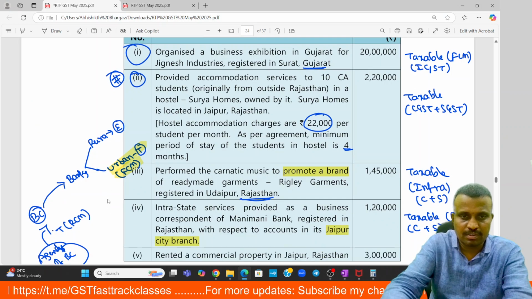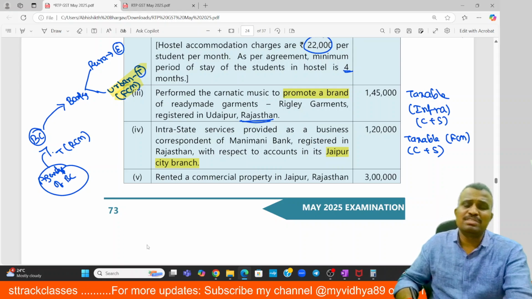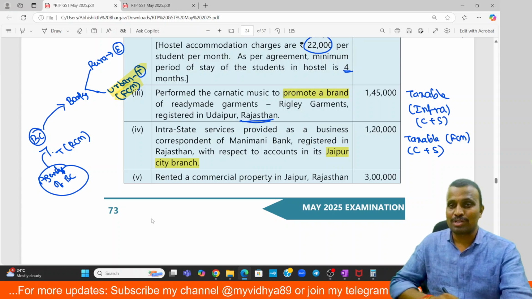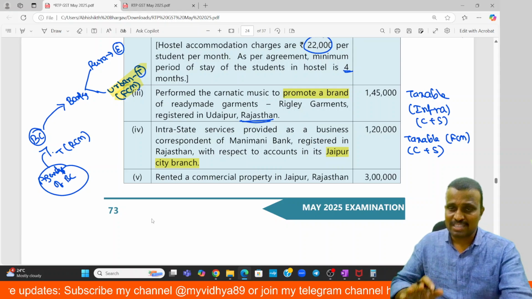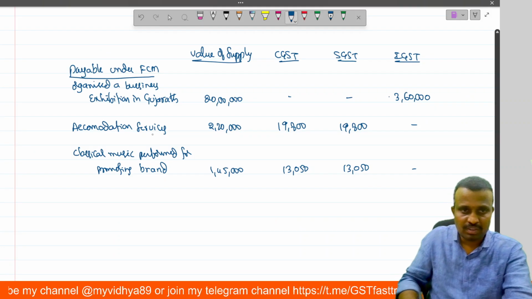Okay, next. Business correspondent. Here the business correspondent is providing services to the banker, but not in a rural area. In a rural area that is exempt, but they are provided in an urban area, so that is taxable under forward charge mechanism.